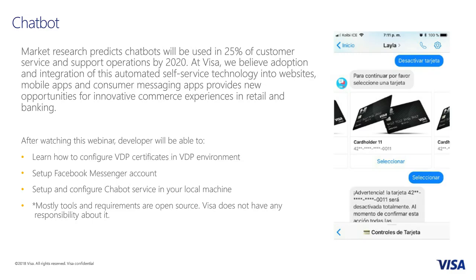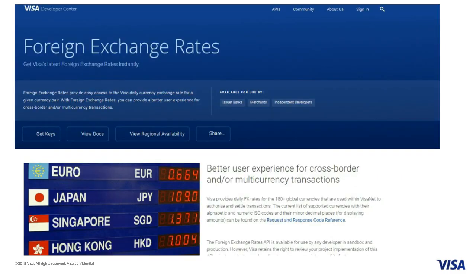Okay, moving forward, let me talk a little bit about the FX rate and why we're going to use it. So basically, FX rate, which is the API for foreign exchange rates, is about delivering more insights to your customer, right?